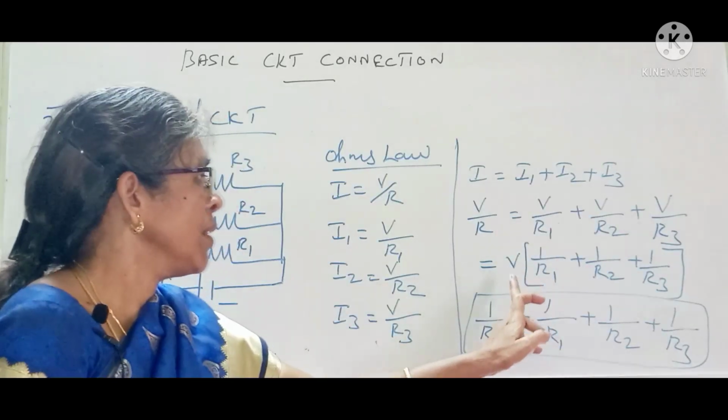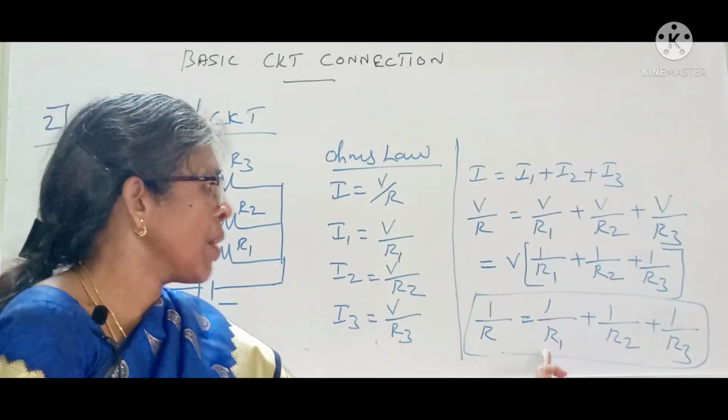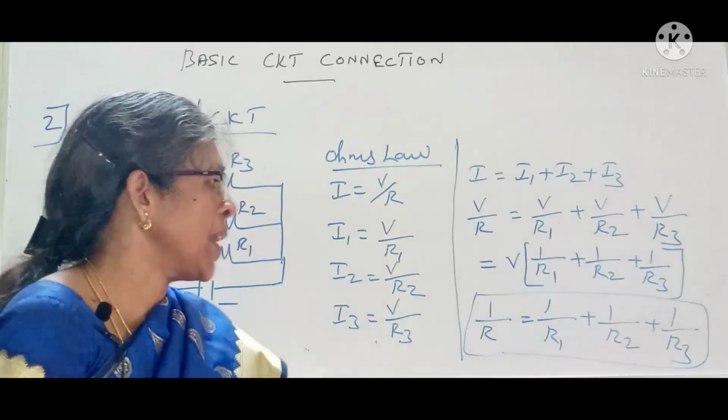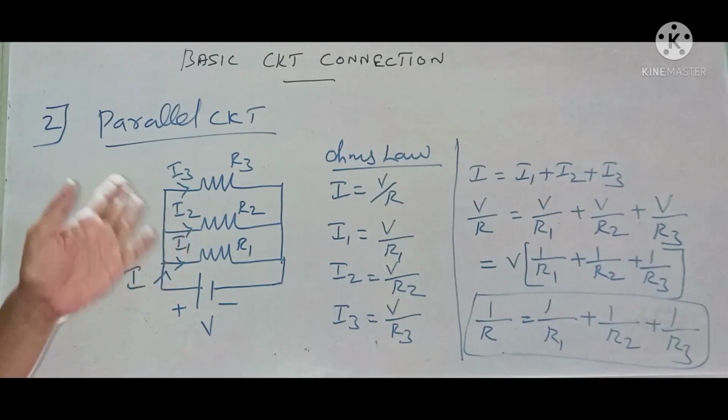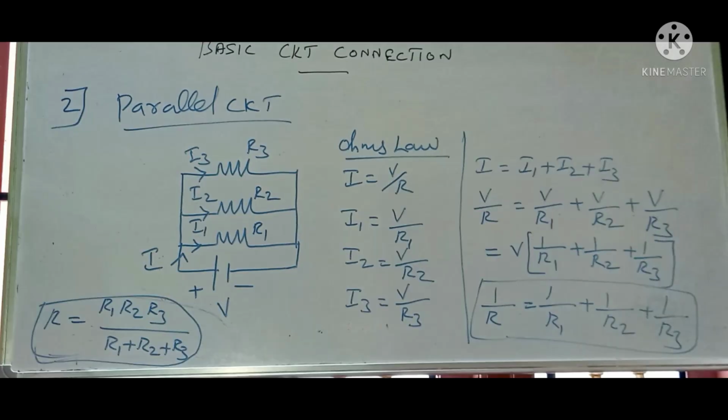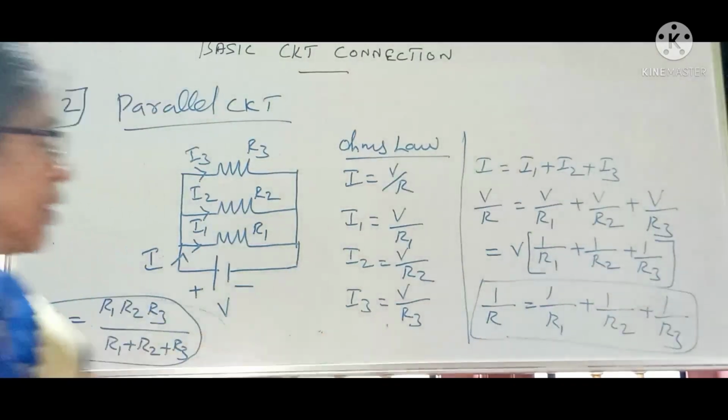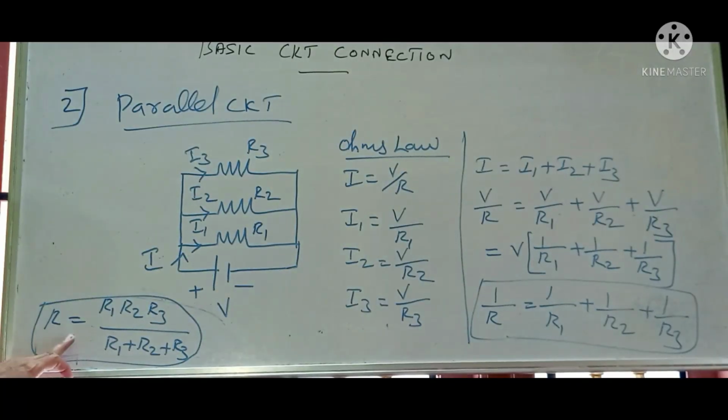From this equation, 1 by R equals 1 by R1 plus 1 by R2 plus 1 by R3. That is, in a parallel connection, the reciprocal of the resistance equals the sum of all the reciprocals of the resistors. So from this equation, the total resistance R equals the multiplication of all three resistors divided by the sum of all three resistors.